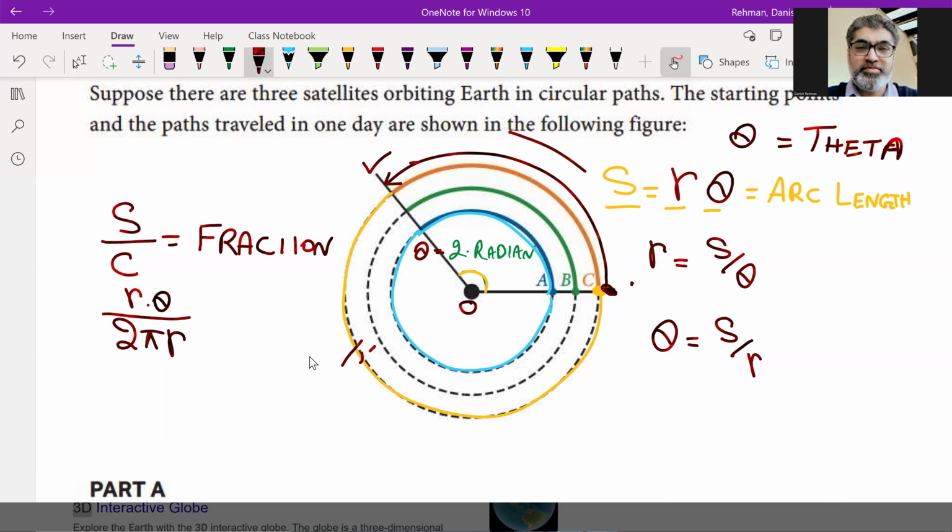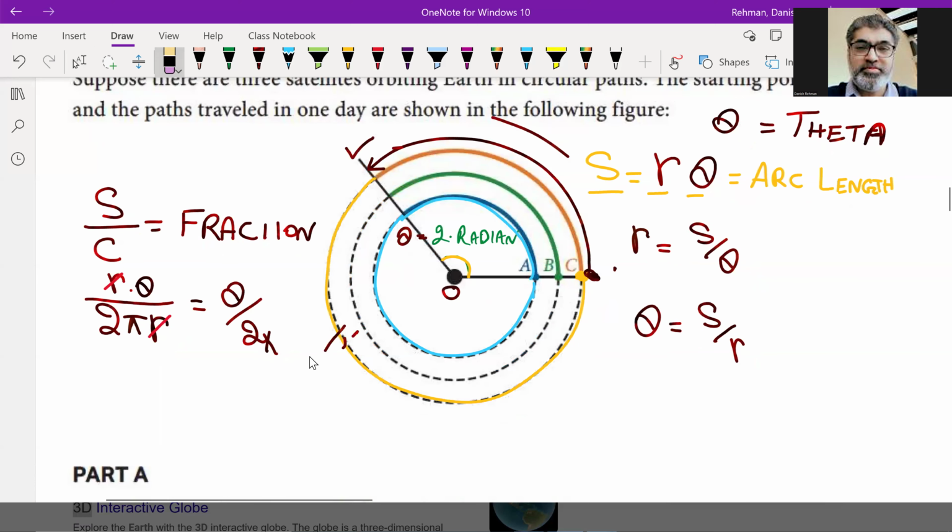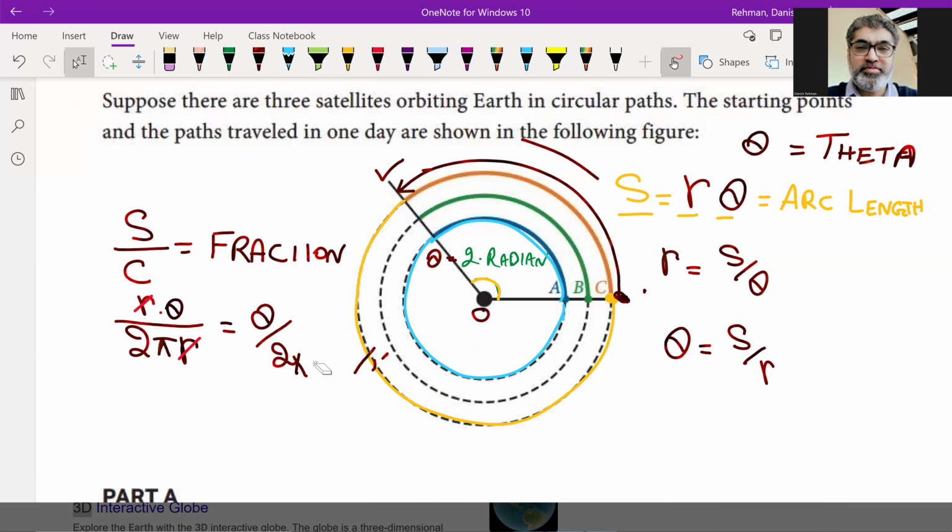This fraction will always remain the same. And what's that fraction? That's going to be the r. Definitely we can consider that r divided by r is going to be 1. So what are we left with? We are left with theta by 2 pi. Will that fraction be different for blue, orange, and green satellites, or will it remain the same?